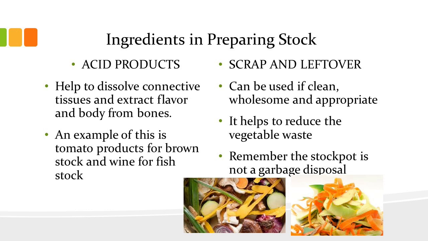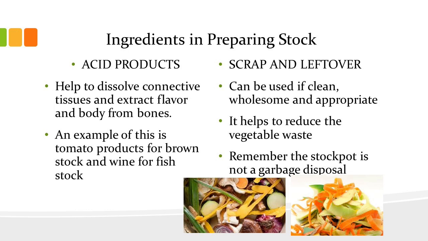It helps to reduce the vegetable waste. Why? Because vegetable trimmings can be used as vegetable stock. But do remember that the stock pot is not a garbage disposal because not all can be called scrap. We must still choose what we think is quality even if it is left over.